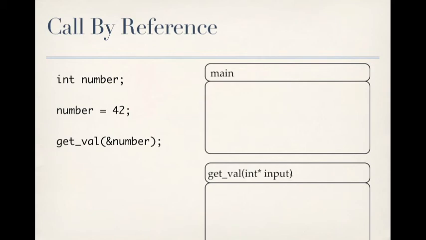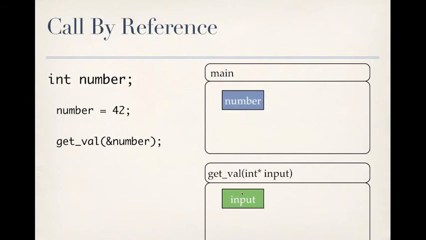Good. Since we have this parameter here, we need some memory. And you see it's a different color, it's not blue, it's green, and you'll see in a minute why this is.